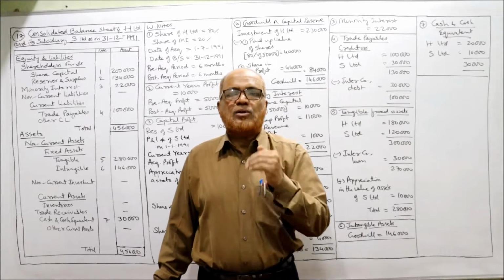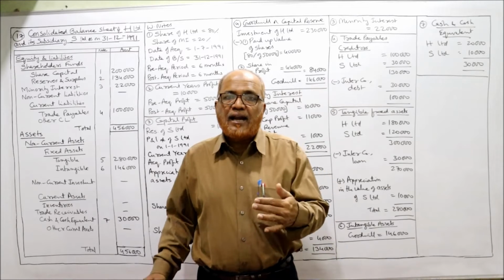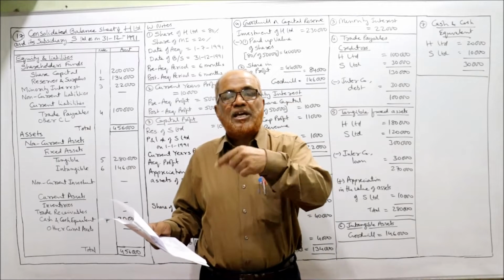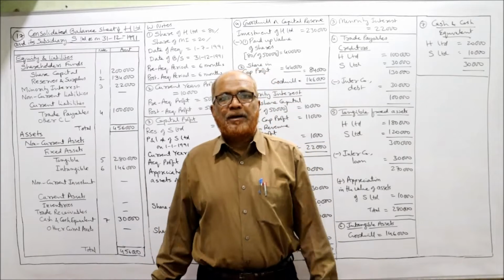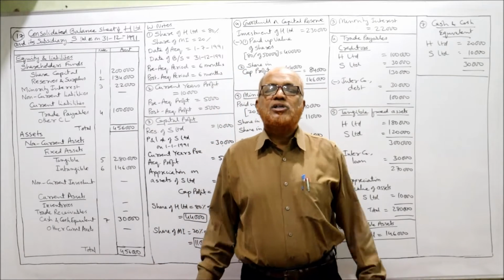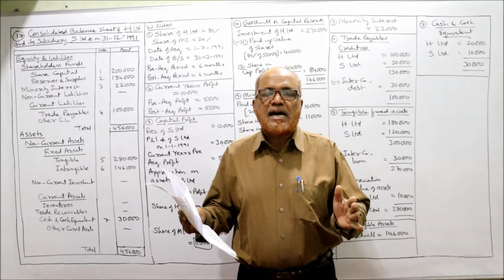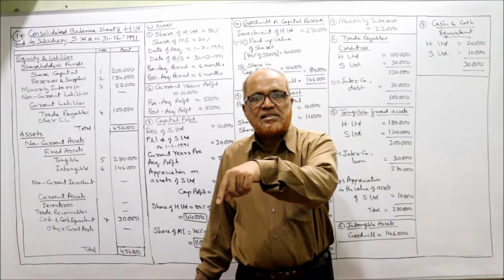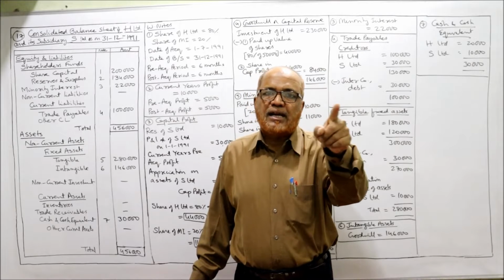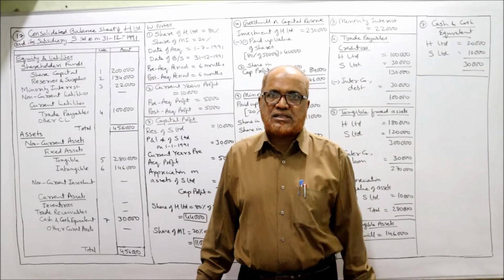So we deduct 30,000 from sundry assets. Secondly, this 30,000 rupees is included in the creditors of S Limited. It is an intercompany transaction. So 30,000 will be deducted from sundry assets and 30,000 will be deducted from creditors.